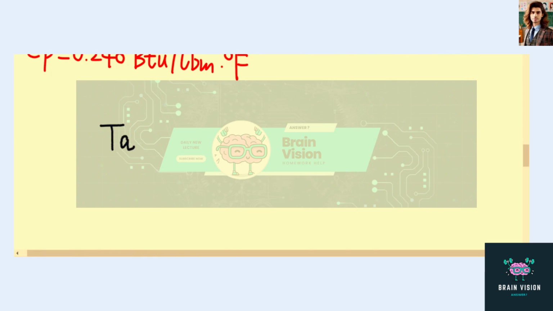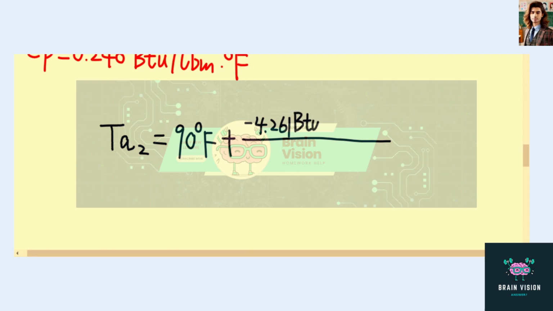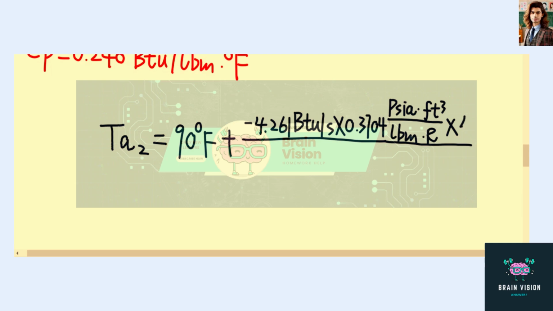The exit temperature is equal to 90 degrees Fahrenheit plus negative 4.261 British thermal units per second, times 0.3704 psia times feet cubed over pound mass times Rankine, and then multiply by Ta1 in Rankine, which is 550 Rankine.